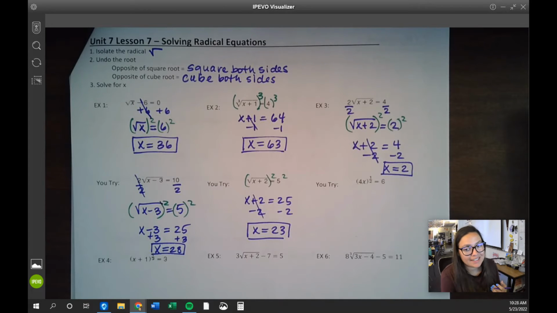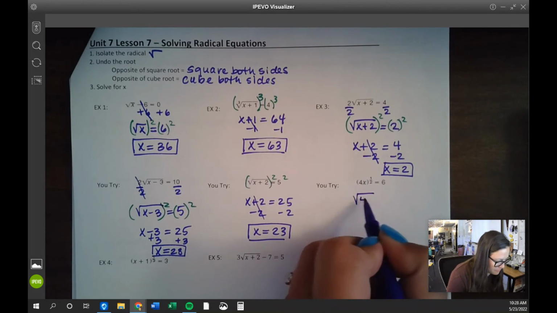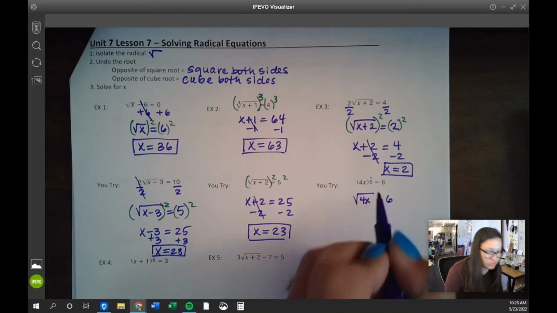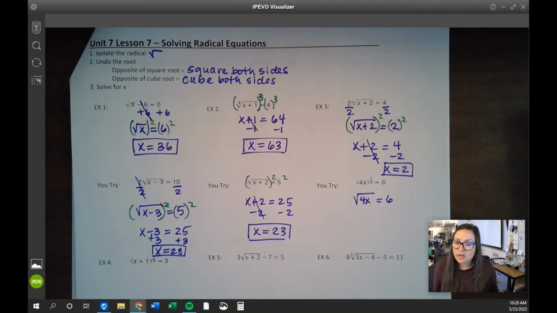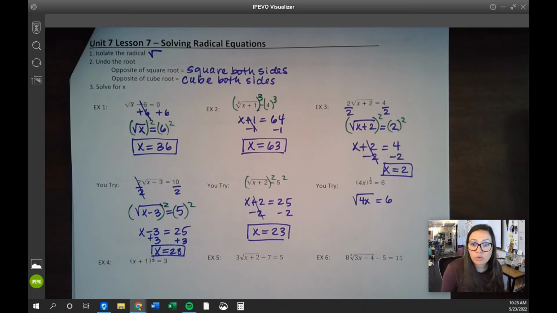But I wanted to go through this last one together because it's kind of a combination of the things we've been working on. If I raise something to the 1/2 power, remember that this is the same as the square root. So this is 4x to the 1/2, which is the same as writing square root of 4x.